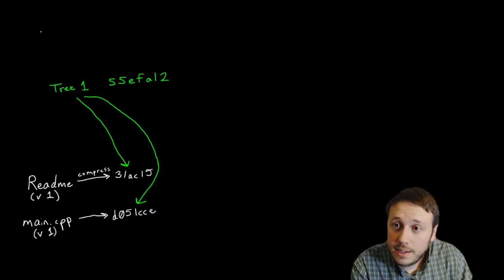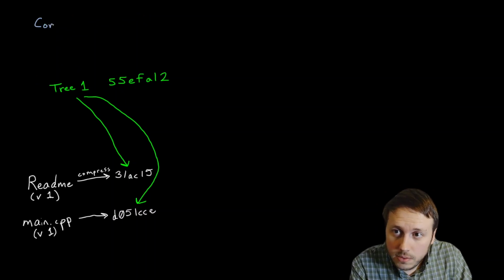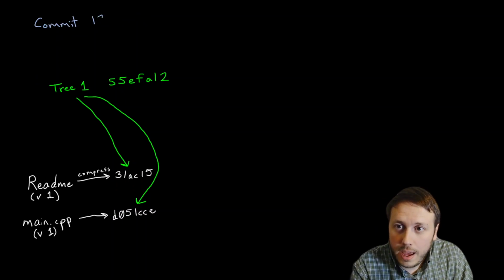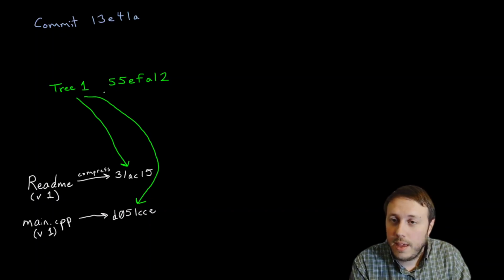And then Git is going to create a commit. And that commit will itself have a hash. So maybe that looks something like that.